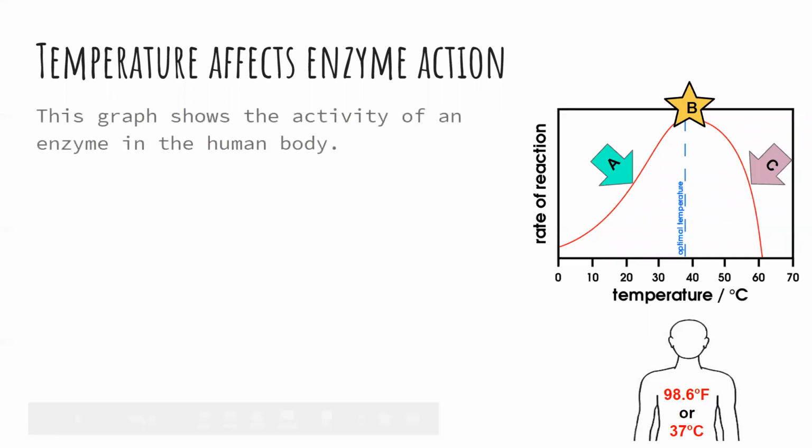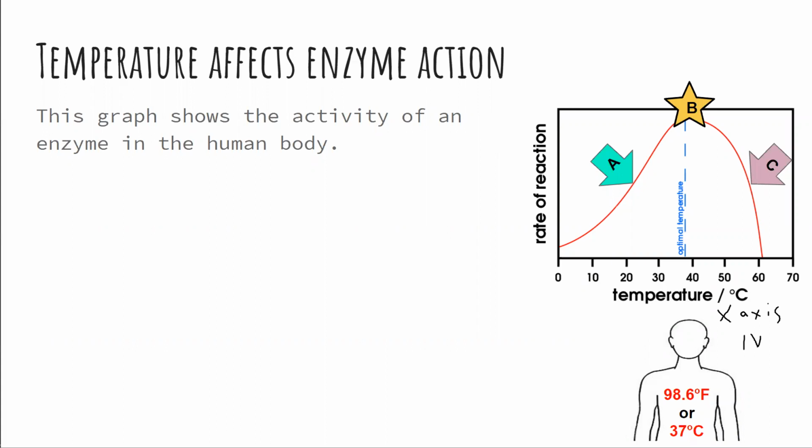And so here's another graph. This graph actually shows the activity of this particular enzyme in the human body. All right, so here the graph shows us 3 different points. Let's make sure we know what we're looking at. Our x-axis is the independent variable, right? That's what we're manipulating, and that's the temperature.